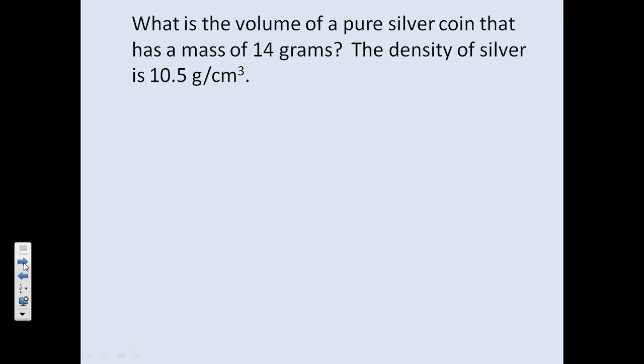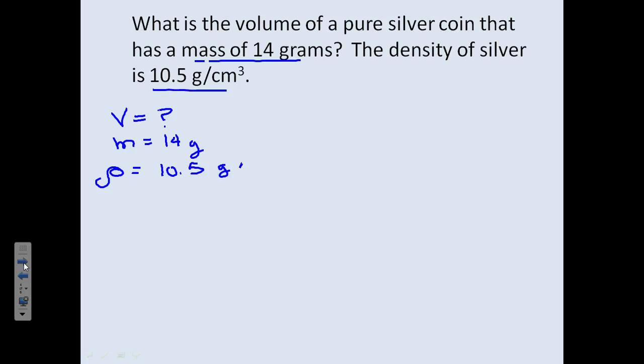Our next problem has us calculating the volume of a silver coin that has a mass of 14 grams and a density of 10.5. So V is my unknown, my mass is 14 grams, and the density is 10.5 grams per cubic centimeter. Our basic equation is density equals mass over volume.